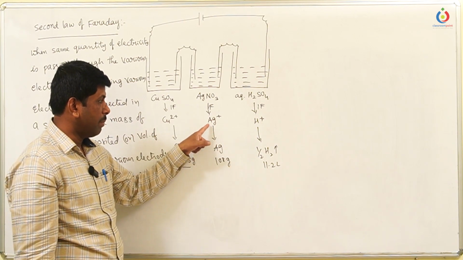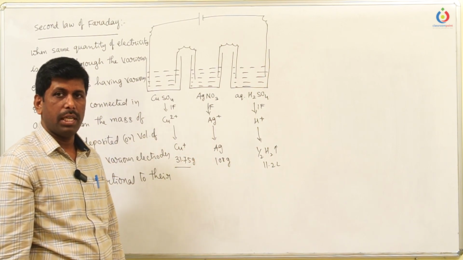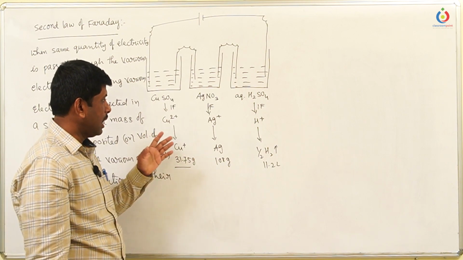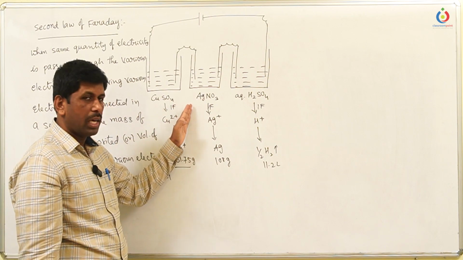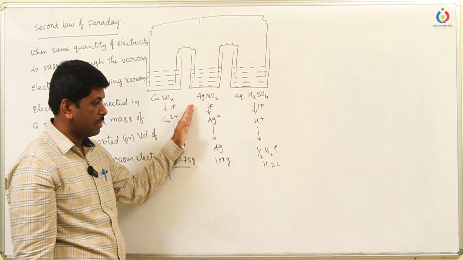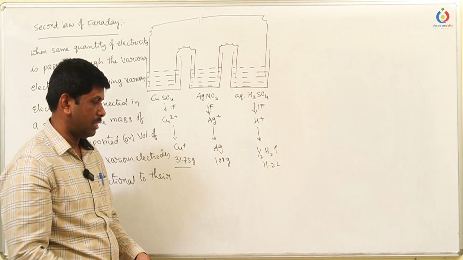That means if the equivalent mass of the metal or the element is more, then more mass of the substance gets deposited. It is clear that even for the same current you are sending through the electrolytic solutions, the same mass will not get deposited. It depends on their equivalent masses.